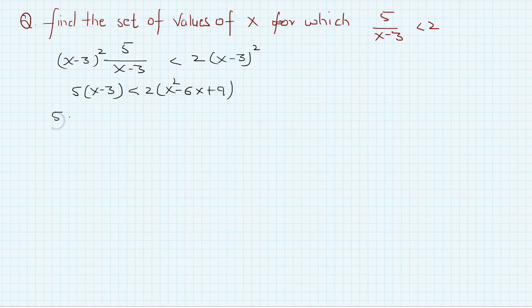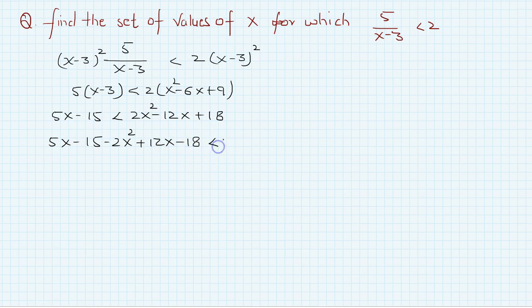So this inequation will become 5x minus 15 is less than 2x square minus 12x plus 18. So let's take all to this side. So this is 5x minus 15 minus 2x square plus 12x minus 18 is less than 0. The sign will remain the same.